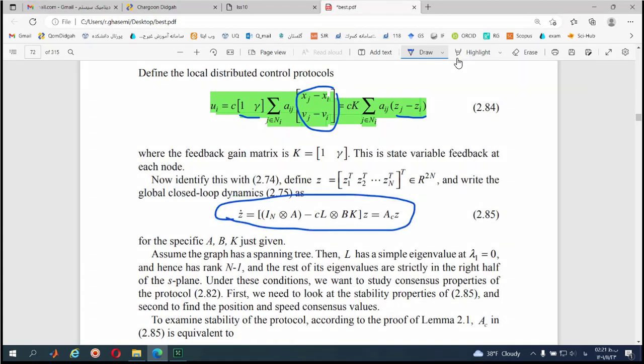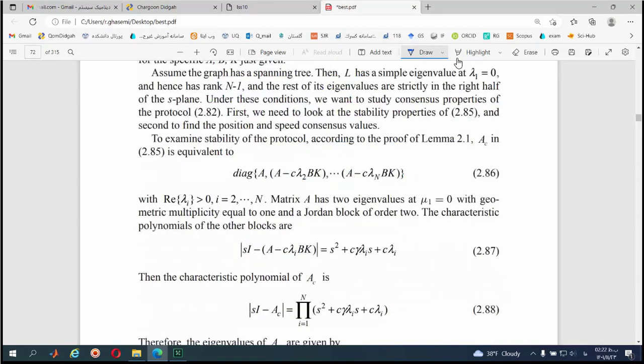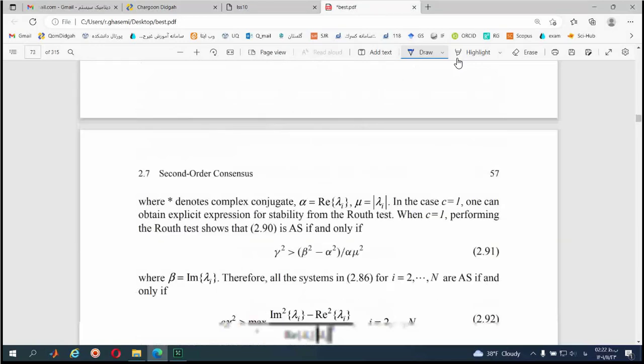The closed loop of the system becomes this, and k can be chosen so that this matrix should be Hurwitz, or the eigenvalues of the system have to be located in the left-hand side.